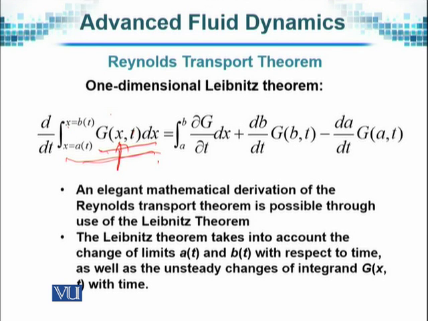Then the Leibniz theorem essentially provides us a very simple method to calculate it. Otherwise, if we try to integrate it with respect to x, in most cases it's not easy. In some cases it may be, but in most cases it is not.